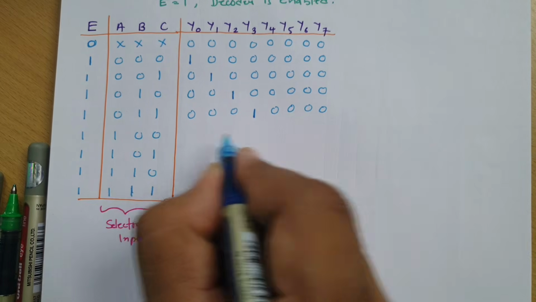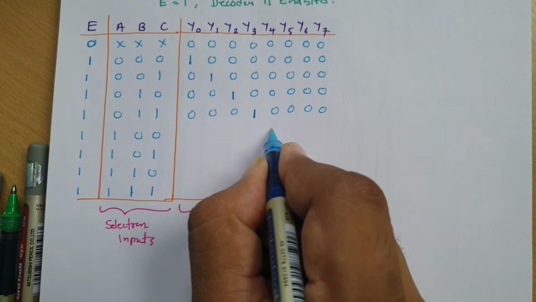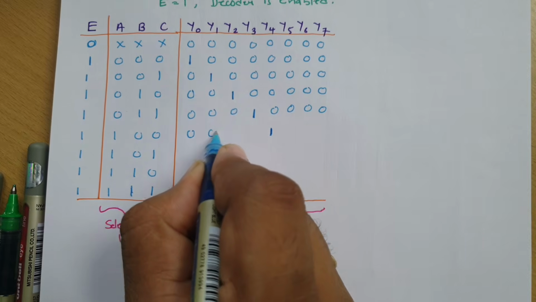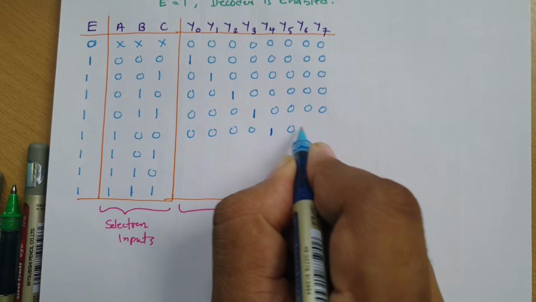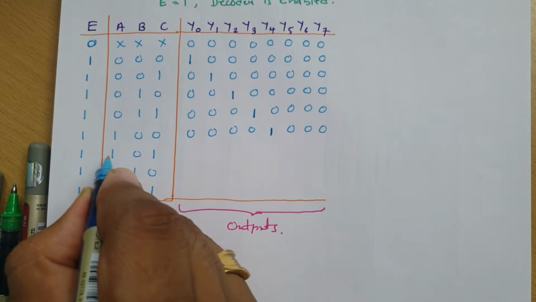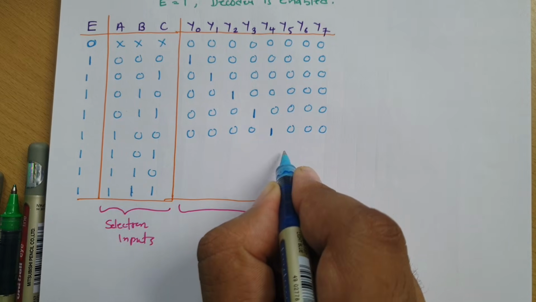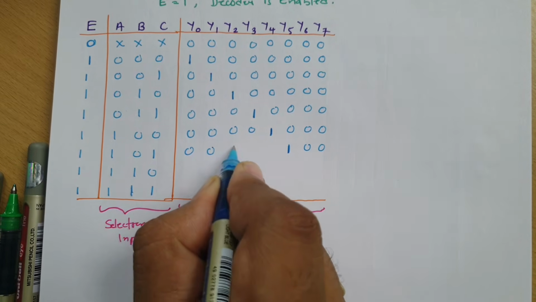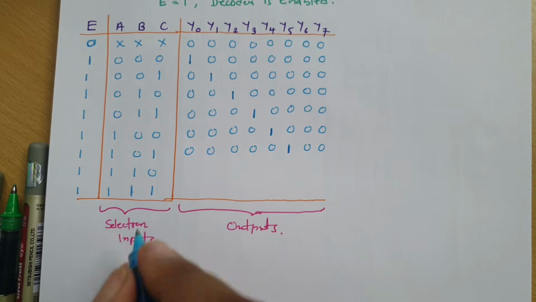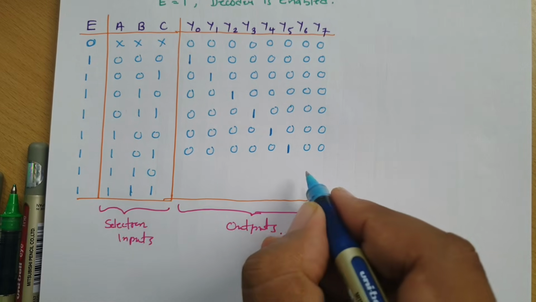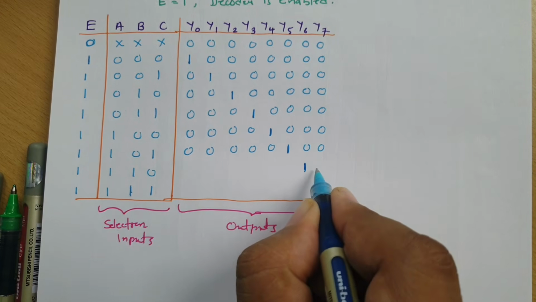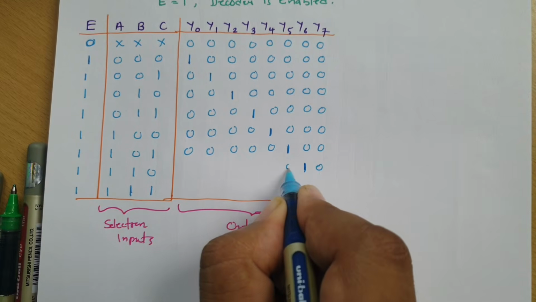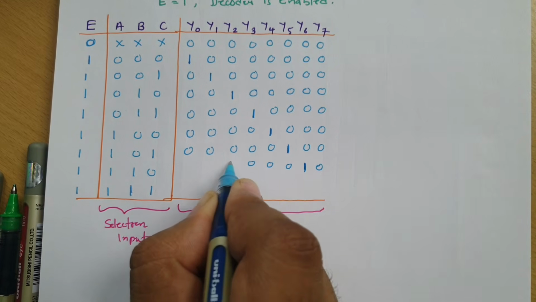In case of 1, 0, 0, Y4 will get decoded and the other outputs will stay 0. In case of 1, 0, 1, Y5 will get decoded and the other outputs will stay 0. In case of 1, 1, 0, Y6 will get decoded and the other outputs will stay 0.